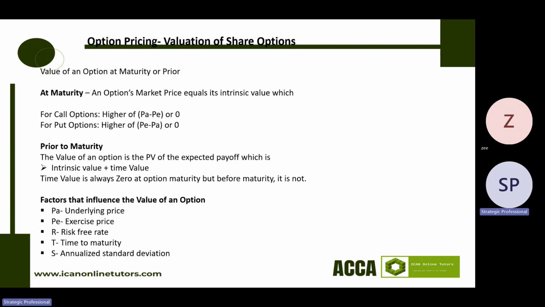When they say time value is always zero at option maturity, but before maturity it is not, right? Normally there's usually an intrinsic value and there's usually a time value. Time value is a particular amount earned in the time space between when you enter into the contract and the exercise price.